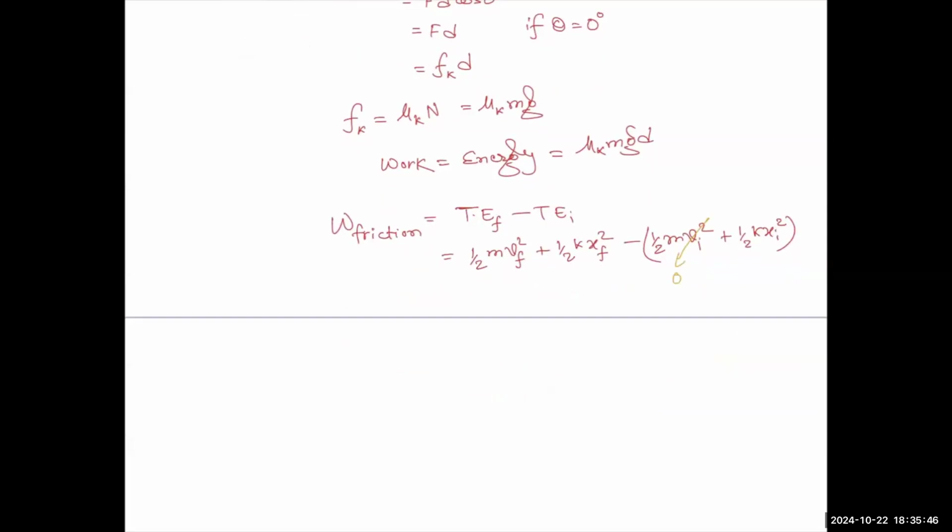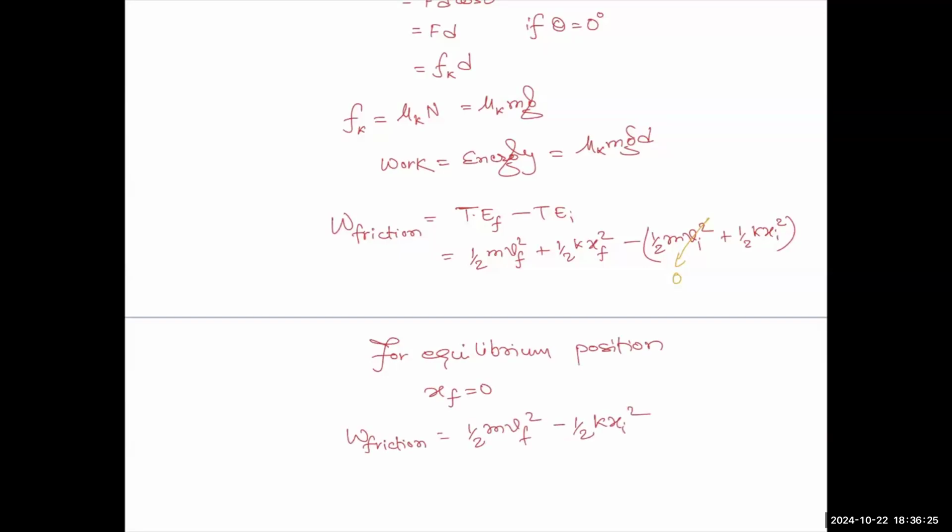Now if you want to find the equilibrium position for part A, my xf will be 0, right? So my work due to friction is half m vf squared minus half k xi squared.